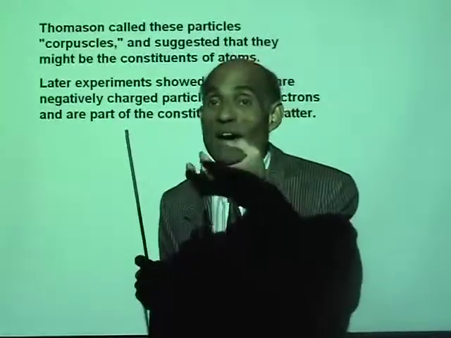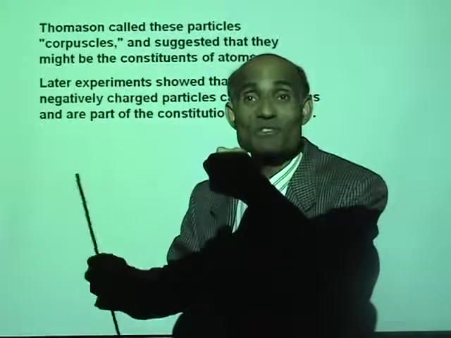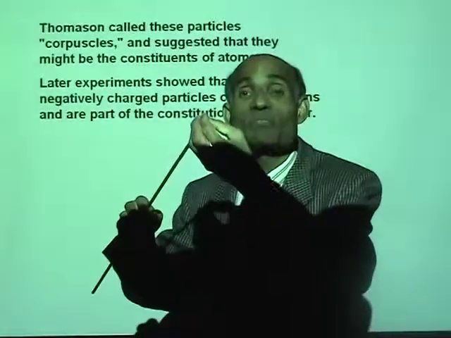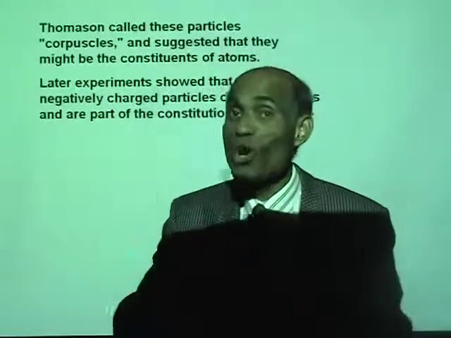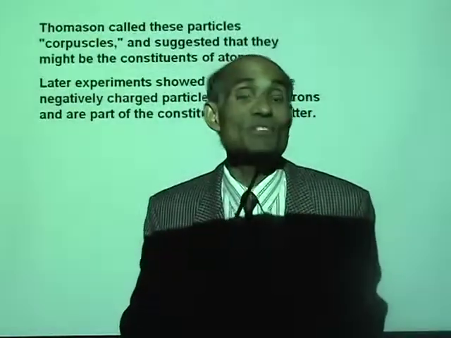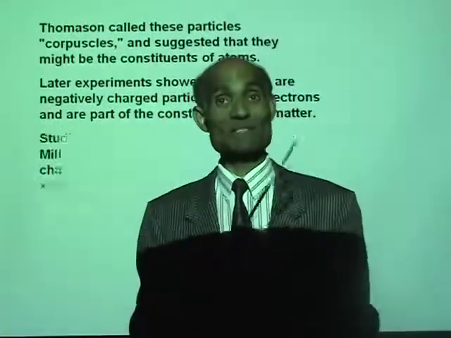That means if an atom is the basic part of all substances, then this atom contains these electrons. So atom is no longer the basic constituent. An atom can be broken into smaller pieces.